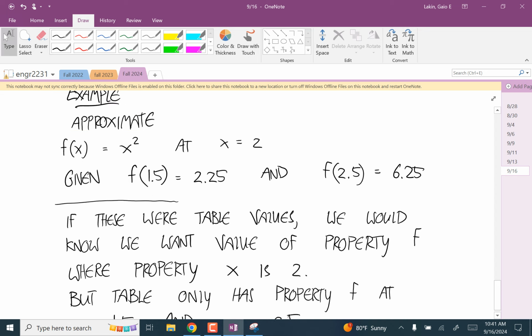Okay, and so the fact that we know this function, we won't have that when we use tables, but here it's just a way to see how close our approximation is to the actual value. Okay.